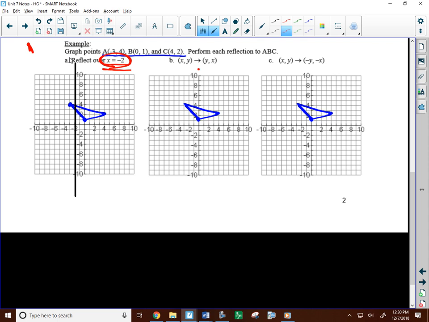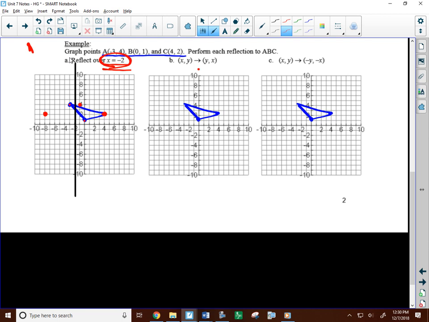Vertical line. Now there's no rule for these. I'm just going to do it graphically like I did on the last one. Each point, I just count to the line. So at point A here, I'm counting 1 to the right, and then 1 right again. Over here at B and C, I'm counting to the left now. At C, I count 1, 2, 3, 4, 5, 6 left, and then 6 again.